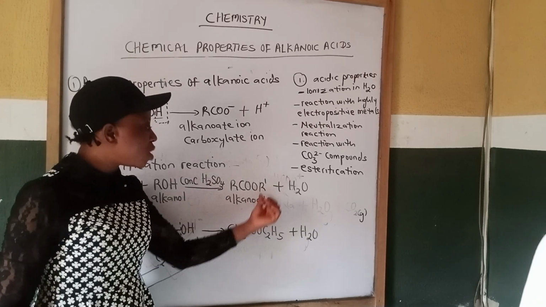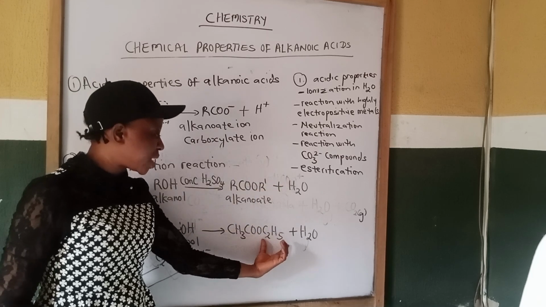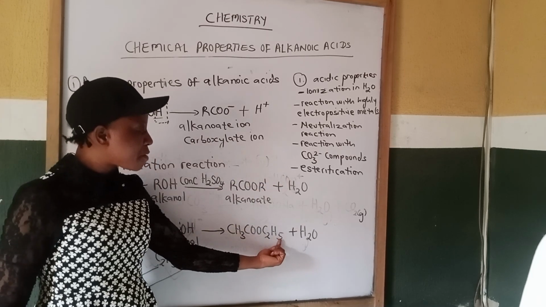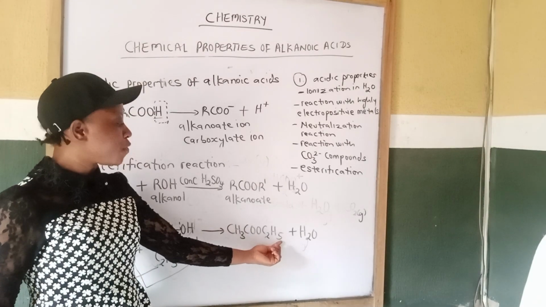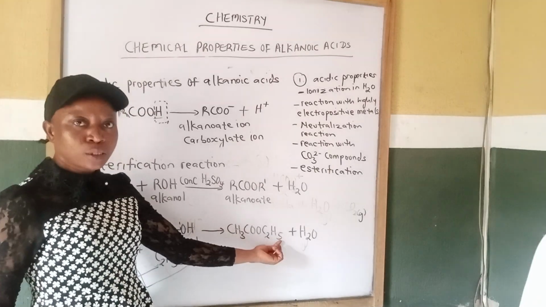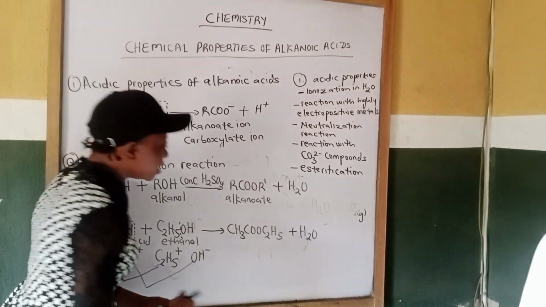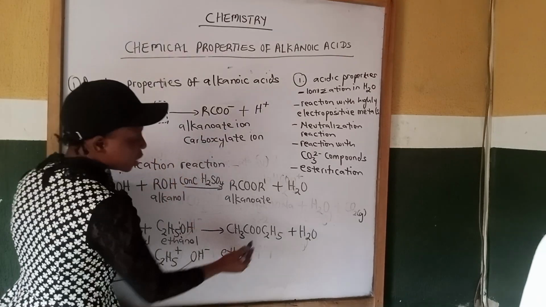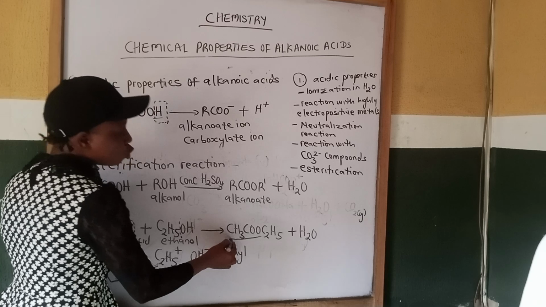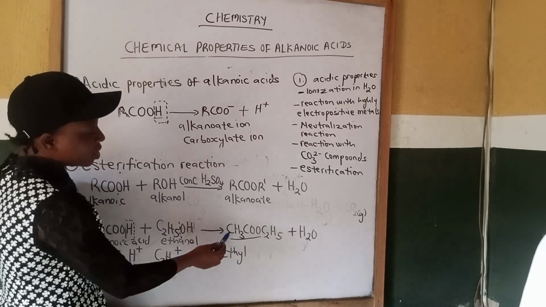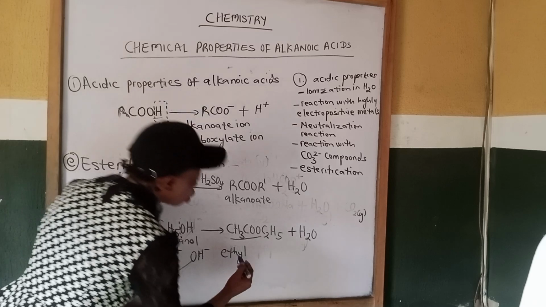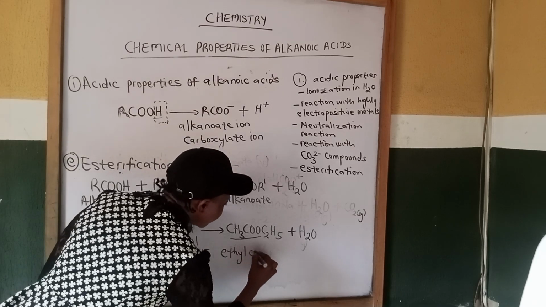So we first name the R alkyl group at the back before we name the root hydrocarbon. Now C2H5 is the second member of alkyl, which is called ethyl. Then this is the root hydrocarbon, which is an alkanoate. So an alkanoate with two carbon atoms is called ethanoate. So our product is ethyl ethanoate.